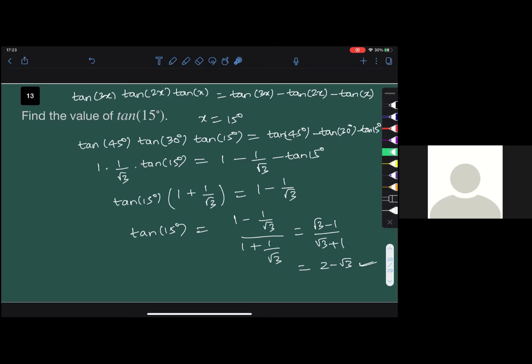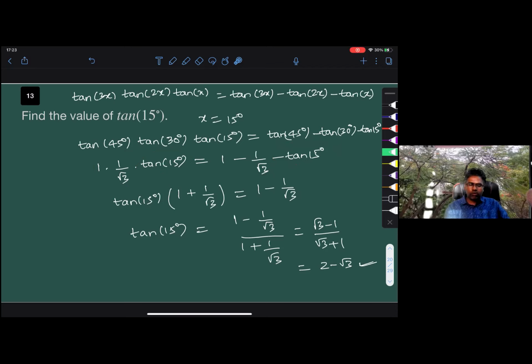Then would it be like 2 tan? No. This is 1 by root 3, and this is tan 15. See, let me write another step. Here in between, I'm writing tan of 15 degrees by root 3.